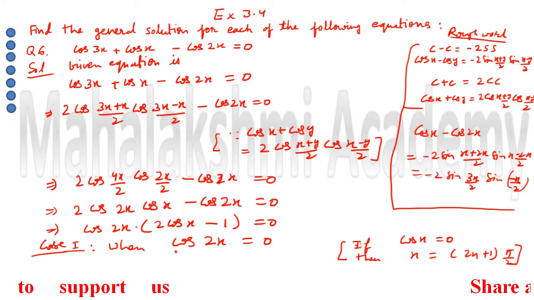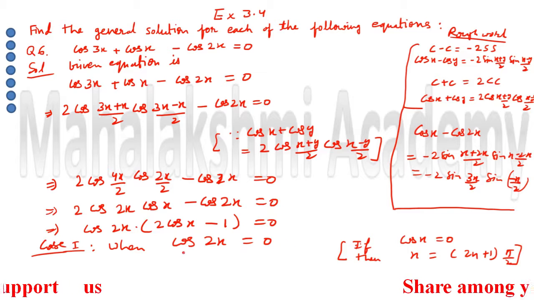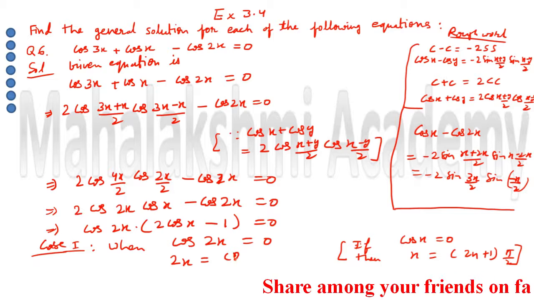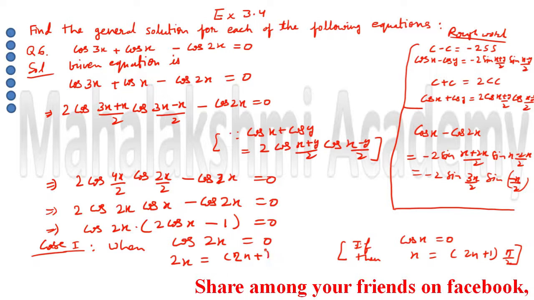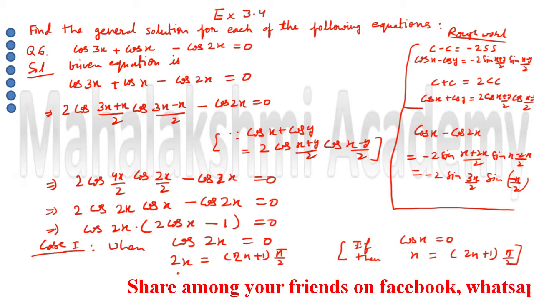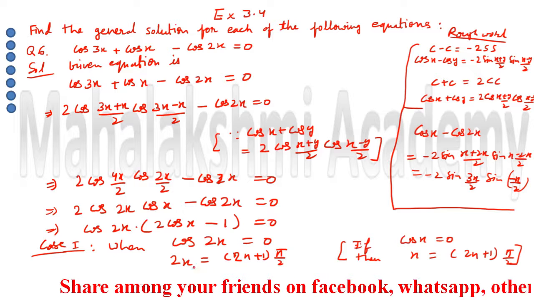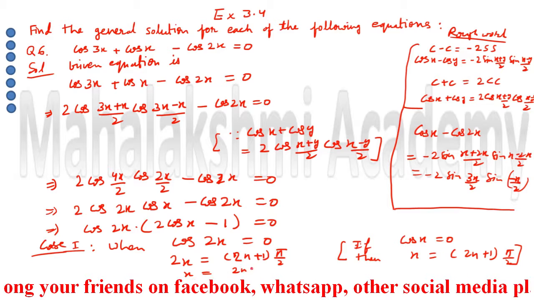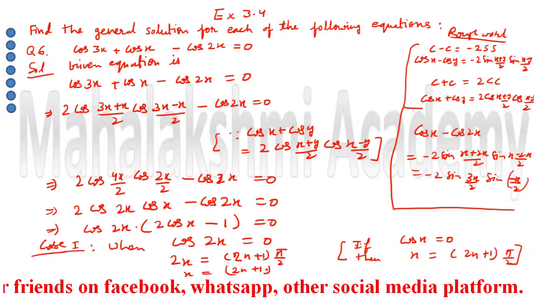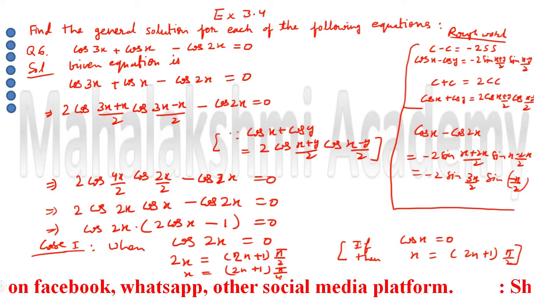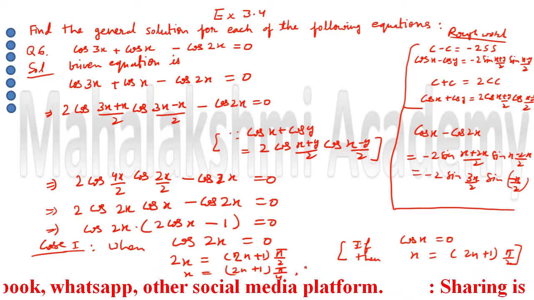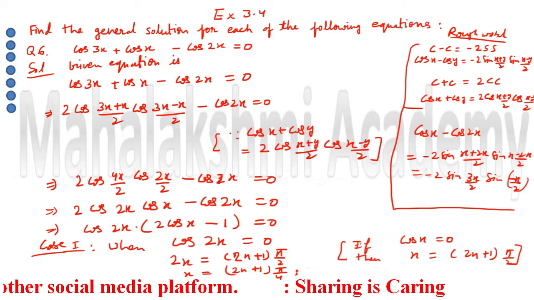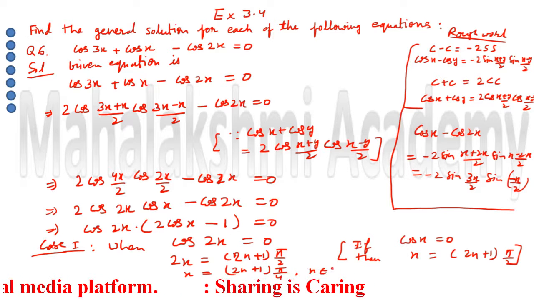According to this formula, 2x is equal to (2n plus 1) pi by 2. And if this 2 is in multiply, it will go in divide. So this is going to be x equal to (2n plus 1) pi by 4, where n belongs to Z.